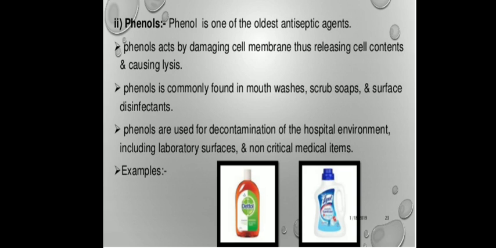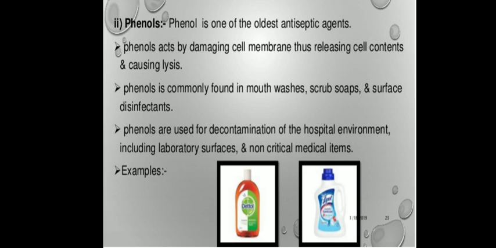This phenol is generally found in various materials, for example mouthwashes, scrub soaps and surface disinfectants. Generally various disinfectants or room cleaners, mouthwashes, or different types of soaps and detergents are there.